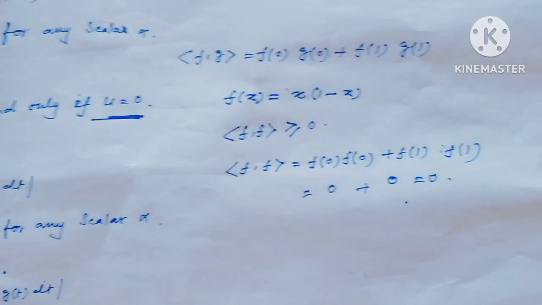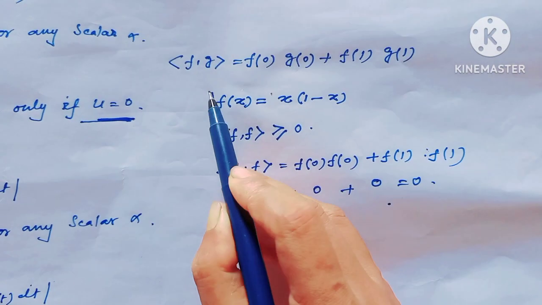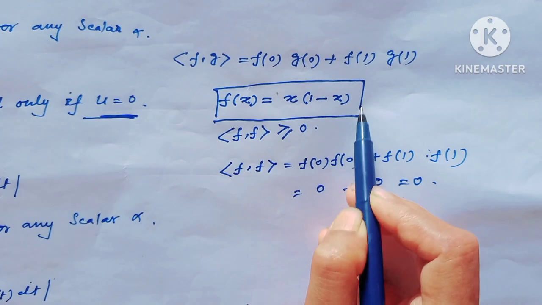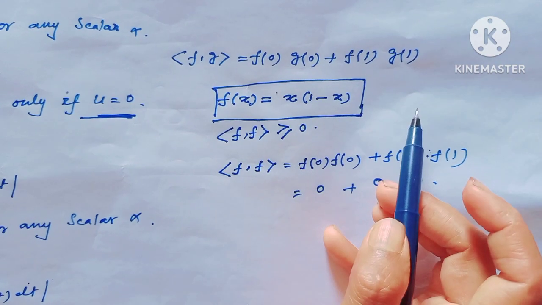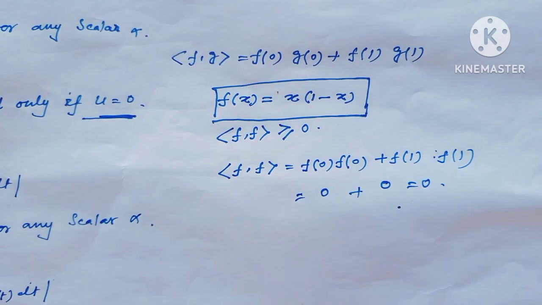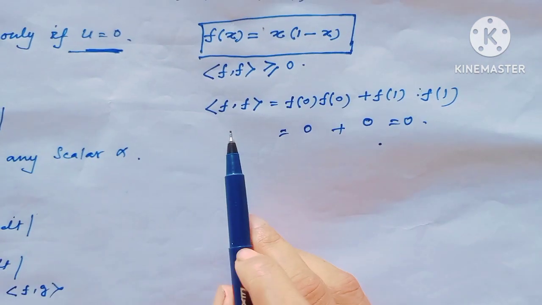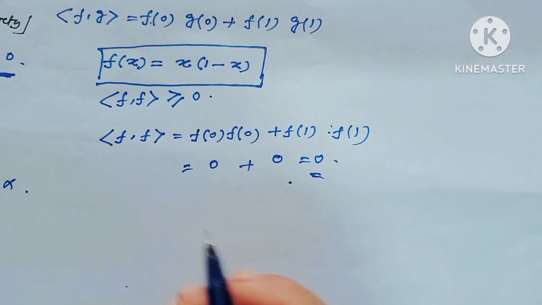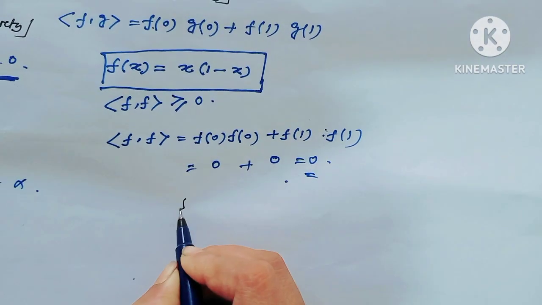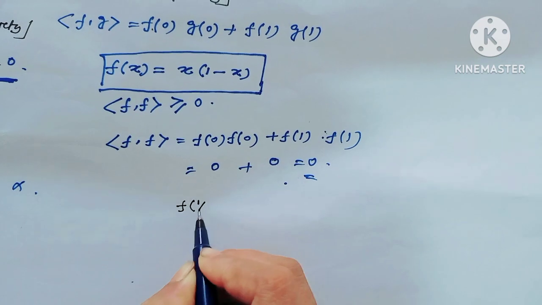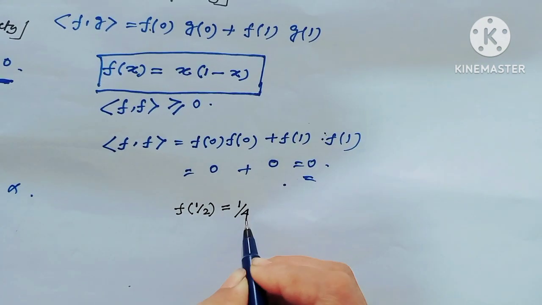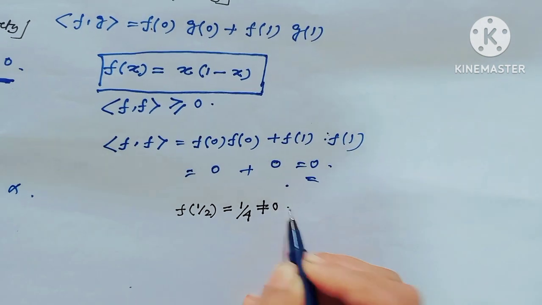But here I have considered a non-zero continuous function in C[0,1], but I have got f with itself equal to 0. But if we consider f(1/2), then this value would be 1/4, which is not equal to 0.